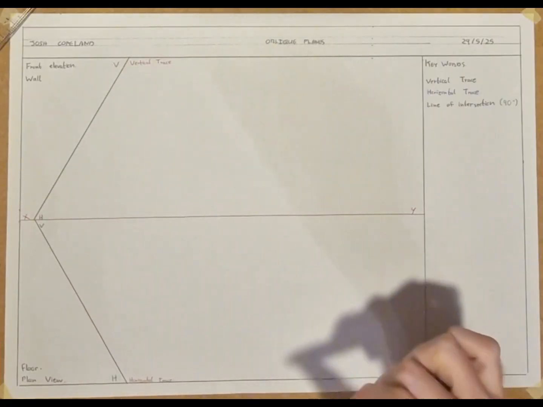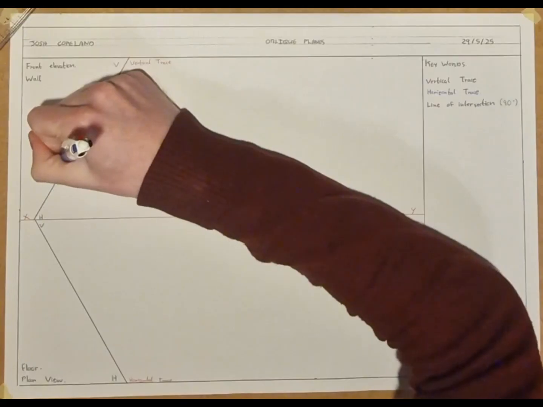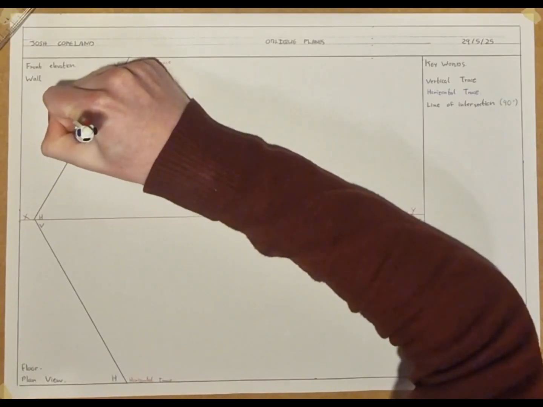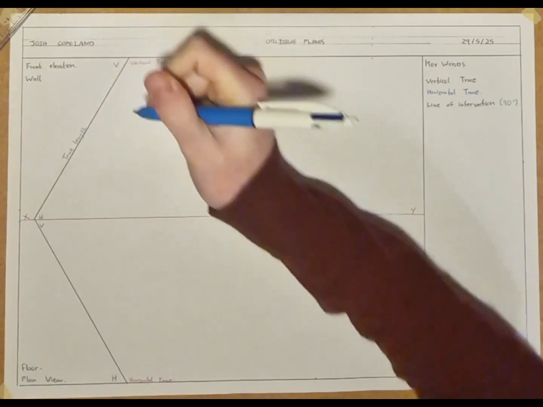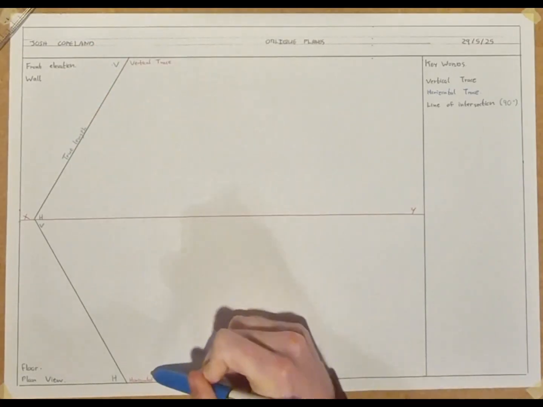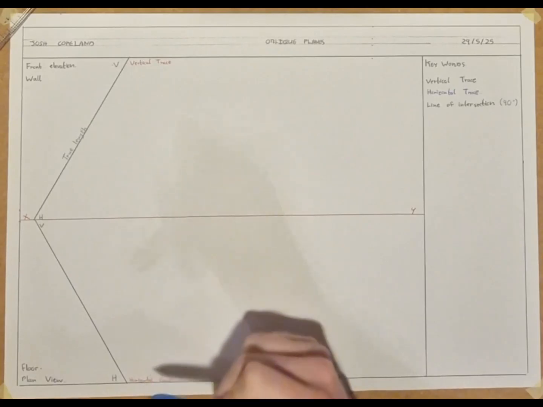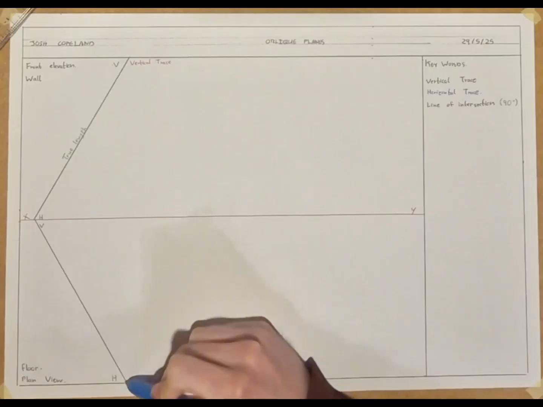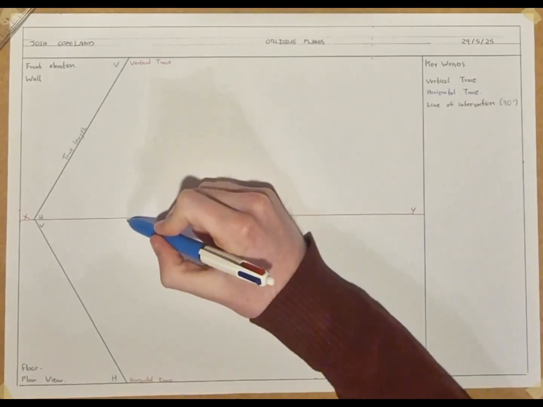So what we're going to do is, in green, I'm going to pop in here, true length. Similarly, in the horizontal trace here, we know that our vertical trace is going to land on the XY line here, and it's going to come up to about here.